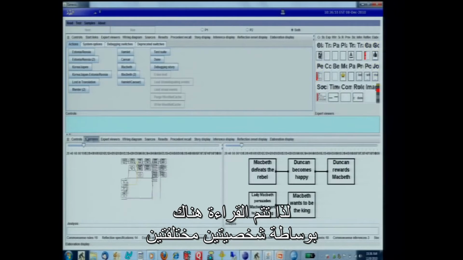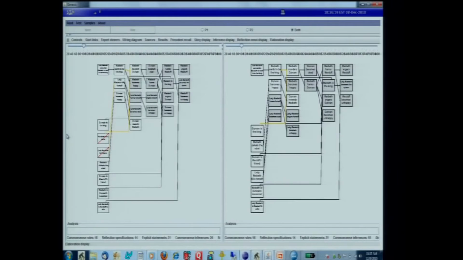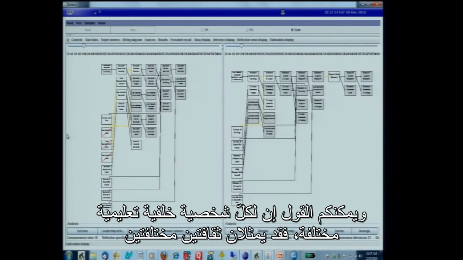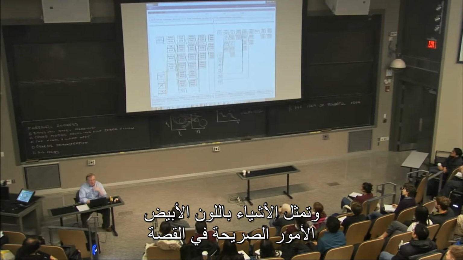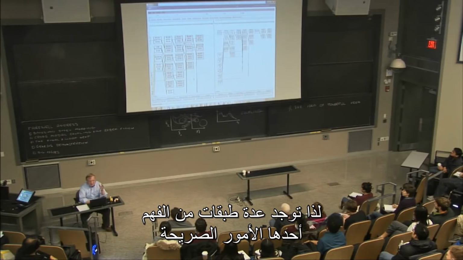So it's being read there by two different personas. Each of those personas has a different educational background, you might say. They might represent different cultures. So eventually they build up graphs like that, and everything in white is stuff that's explicit in the story, and everything that's in gray is stuff that's been inferred by the system. So there are several layers of understanding.